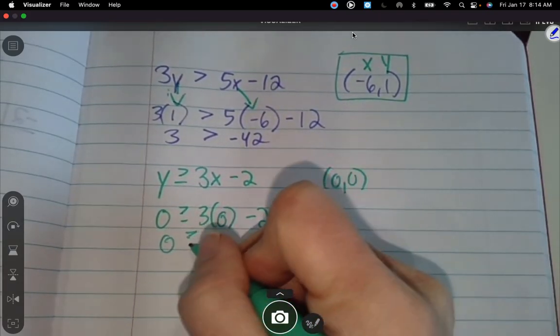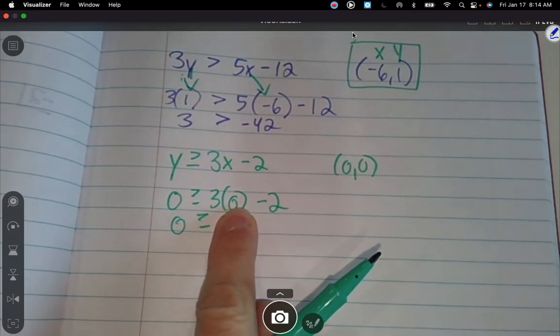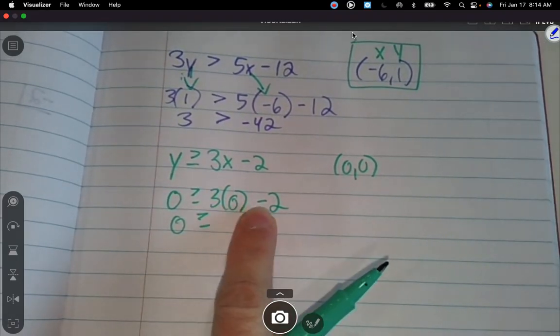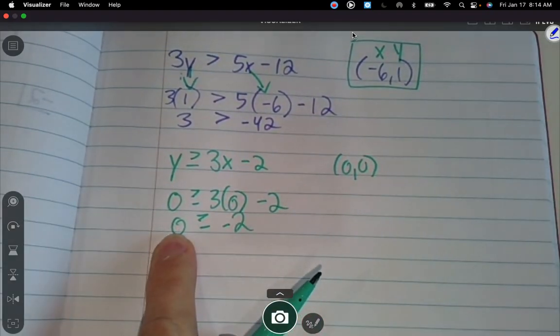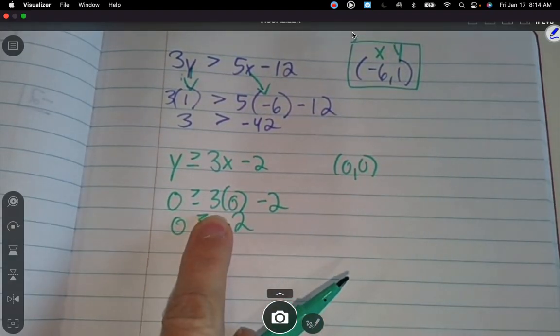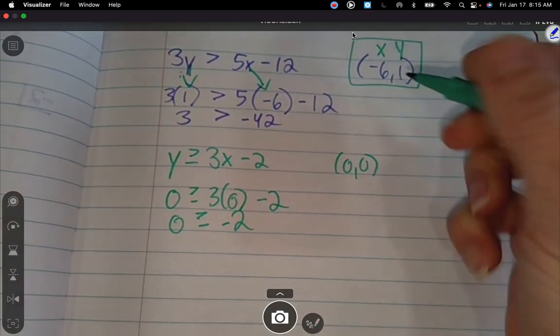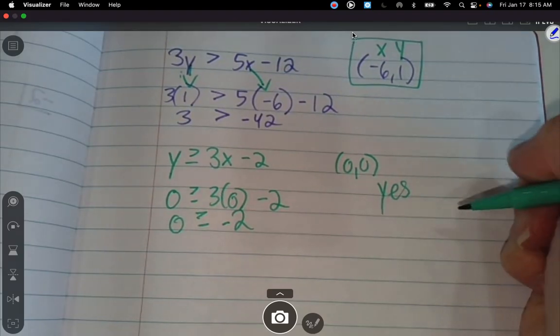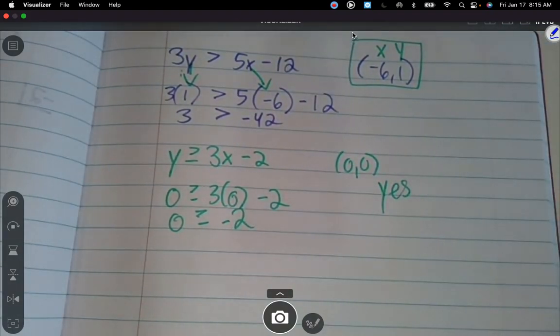So then in my calculator, I would just type in, if I needed to, 3 times 0 minus 2. What is 0 minus 2? Negative 2. Is 0 greater than or equal to negative 2? Yes, it is. It's greater than, right? So your answer would be yes. Or that would be your answer, like if you were trying to pick from several. So are we good with those first two problems?